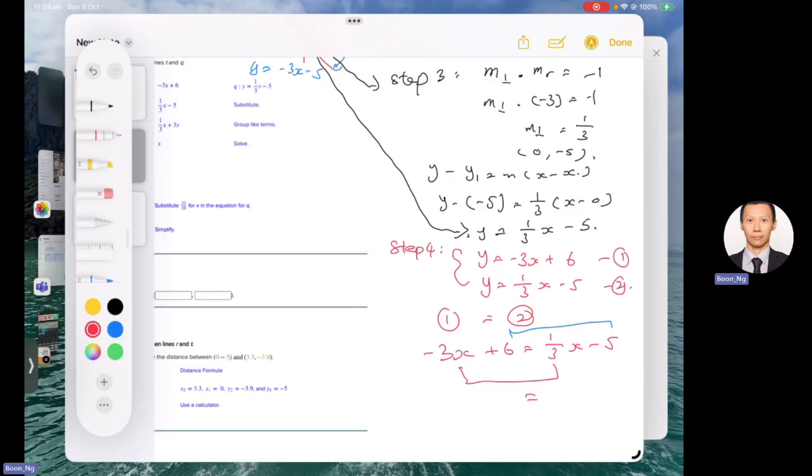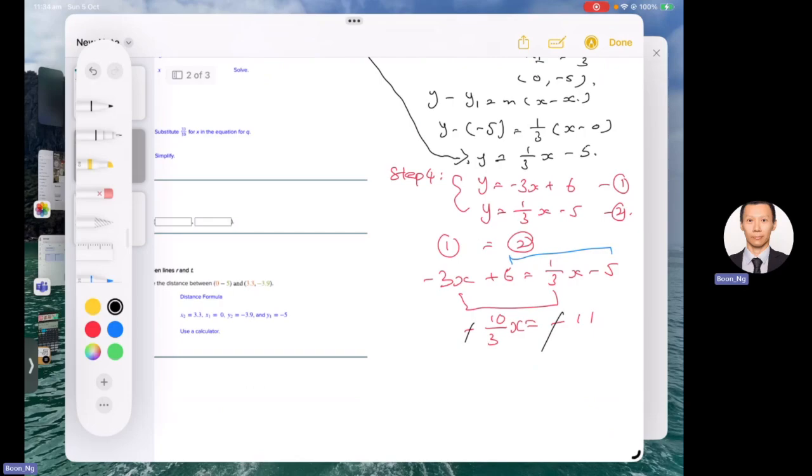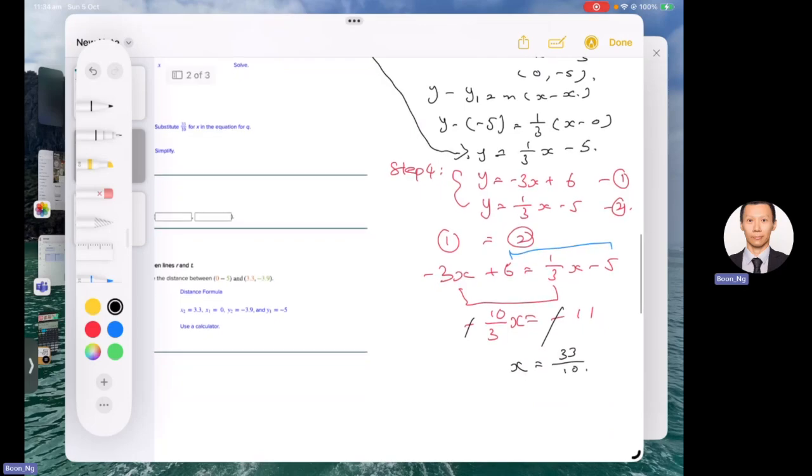So I put an equal sign, and when I combine it, I will get -3 and 1/3, which I can rewrite as -10/3 x, and move 6 to the other side, -11. Negative cancels out. If I rearrange it, I will get 33/10. That is the x.